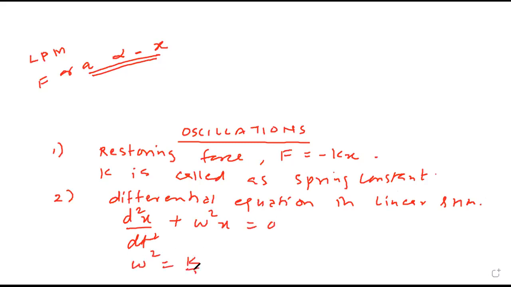Omega square is k by m, that means omega is root of k by m.